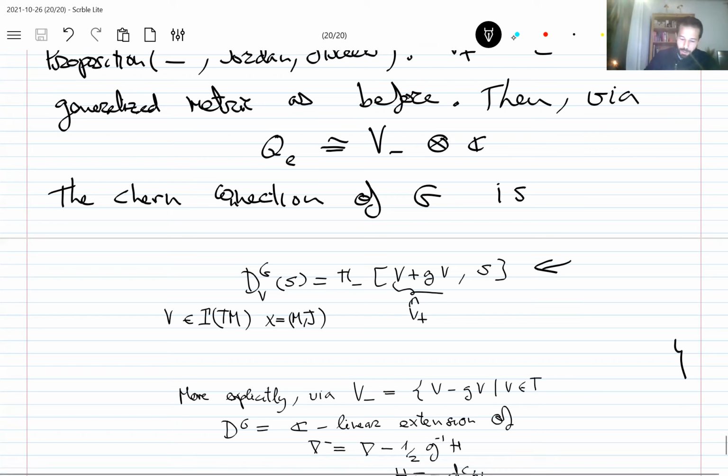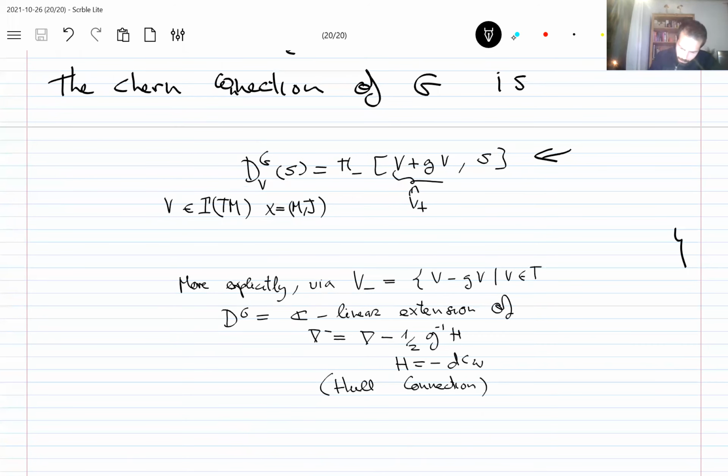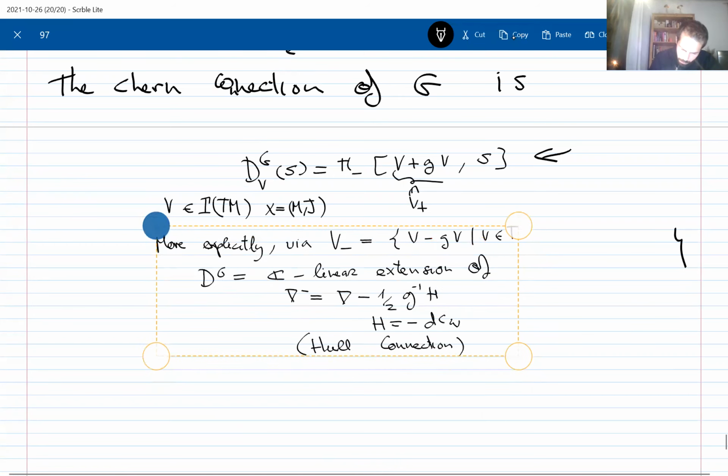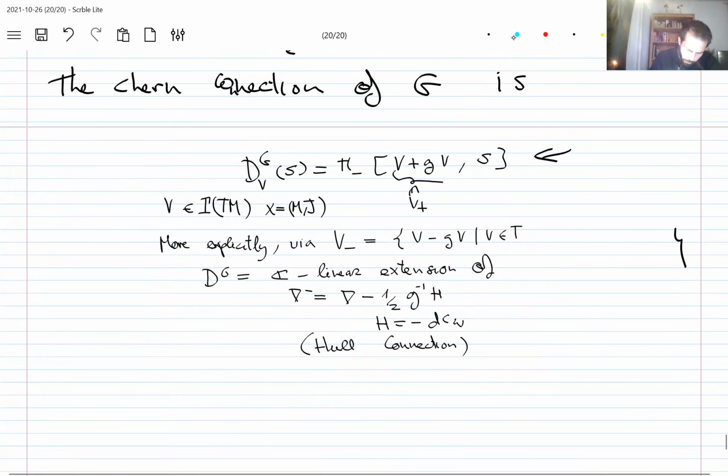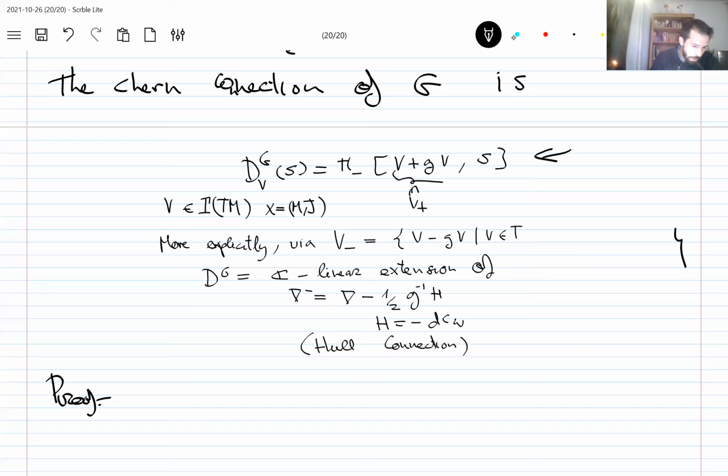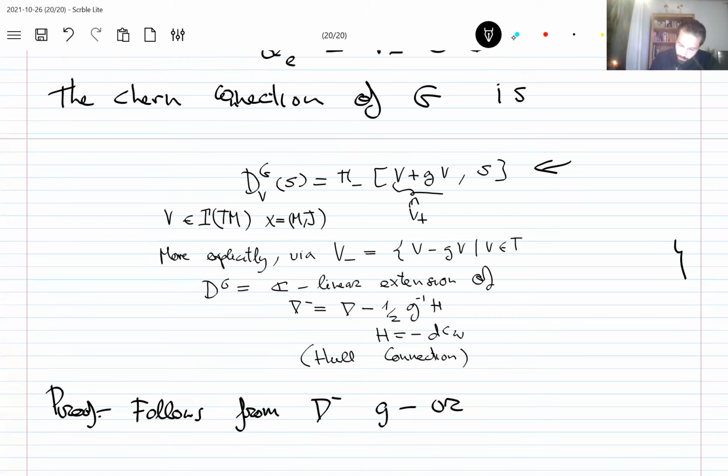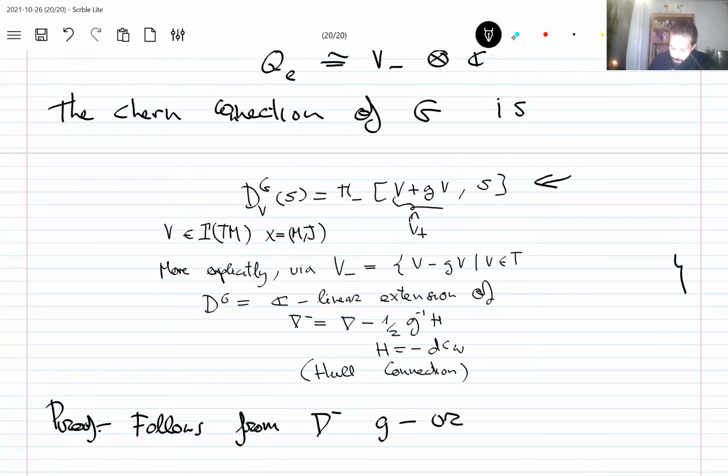So the proof follows from the previous construction, and from nabla minus being G-orthogonal, which is the same as saying that this operator, P minus bracket, is orthogonal.